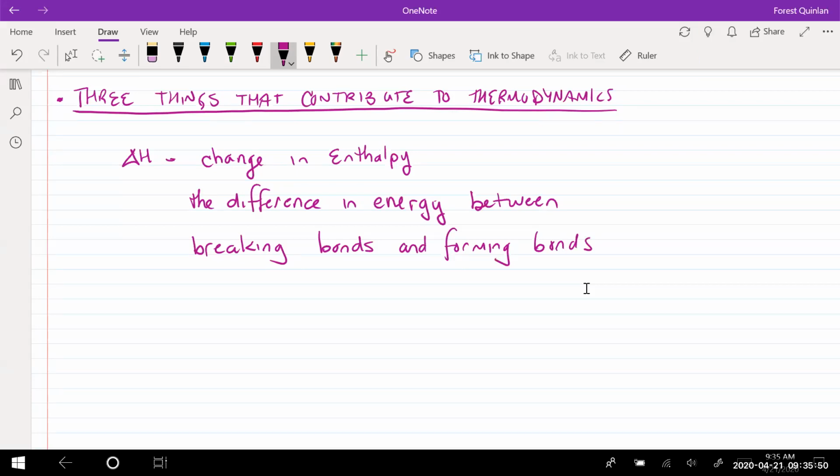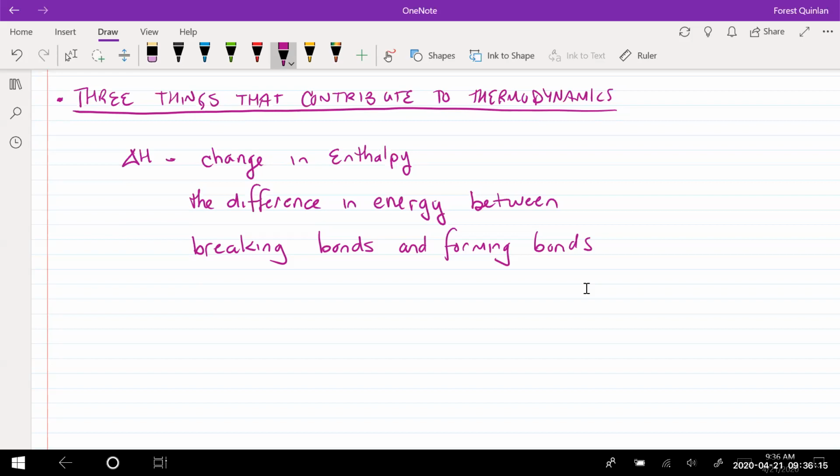Now, you might remember from the Wayback Machine that we said whenever you form bonds, you release energy. But one of the things that is often left out, especially when I tell you at lower levels, is often to form new bonds, you got to break the previous ones. So we say something like hydrogen and oxygen make water.